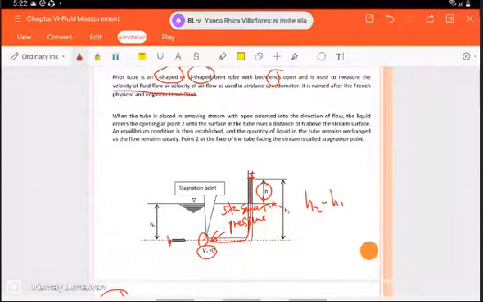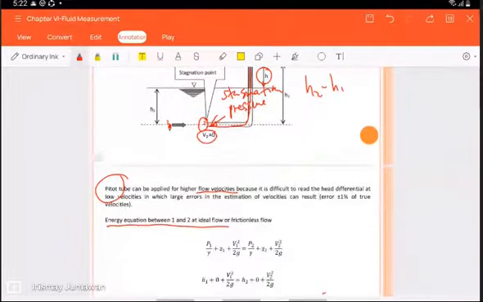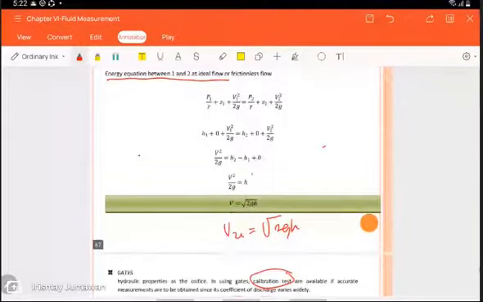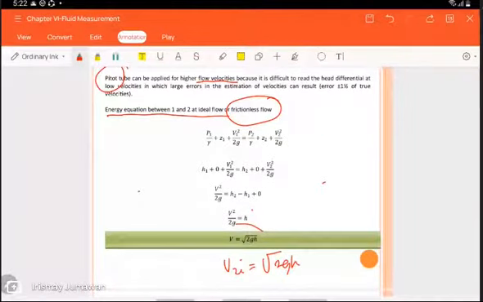As you go deeper, the pressure increases, so your pressure is equal to gamma times H. So the V there is equal to V2.